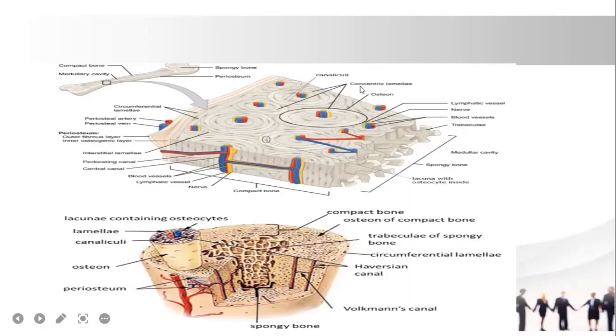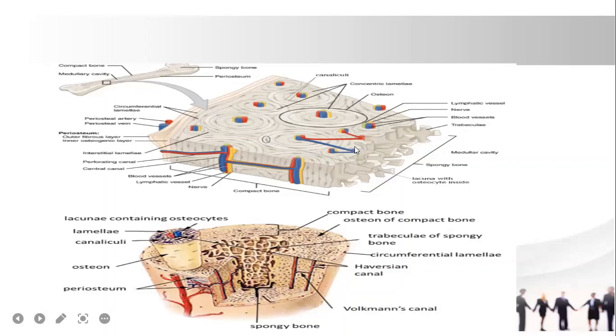We have the concentric lamellae, which we will discuss below, and the canaliculi, which we'll talk about right away. We have the periosteum, its outer layer and inner osteogenic layer. We also have the periosteal arteries, which we can find there.